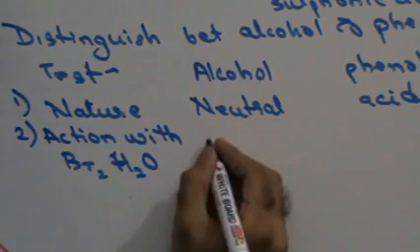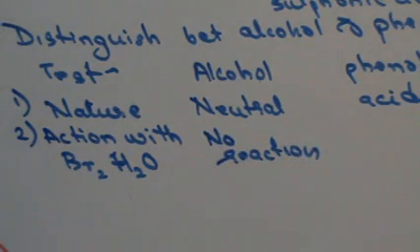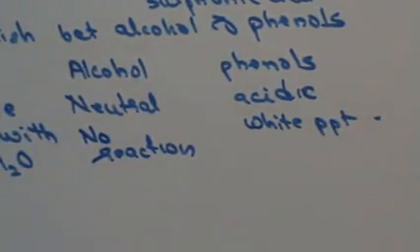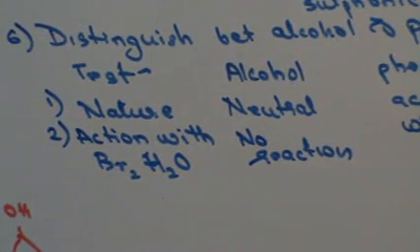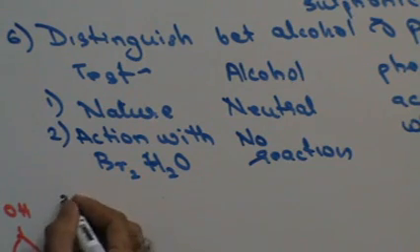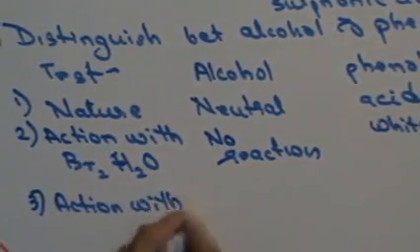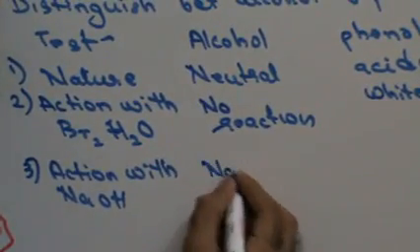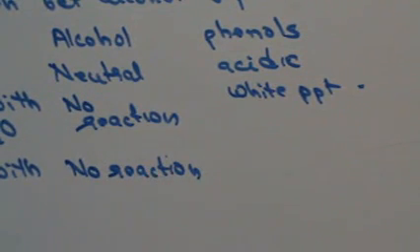Alcohols don't react with bromine water, no reaction. And here you will get a white precipitate. We saw this reaction where you get 2,4,6-tribromophenol. Next, reaction with sodium hydroxide. Alcohols, no reaction. And here you will get salt and water.